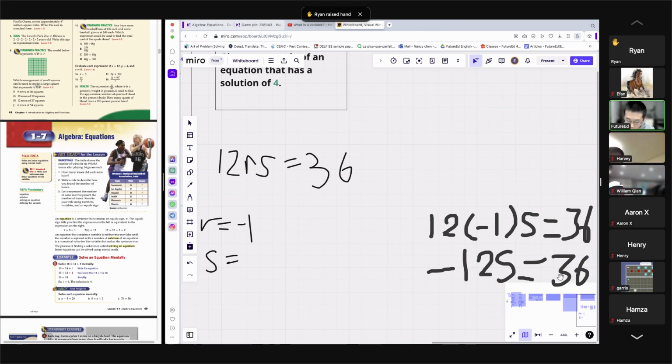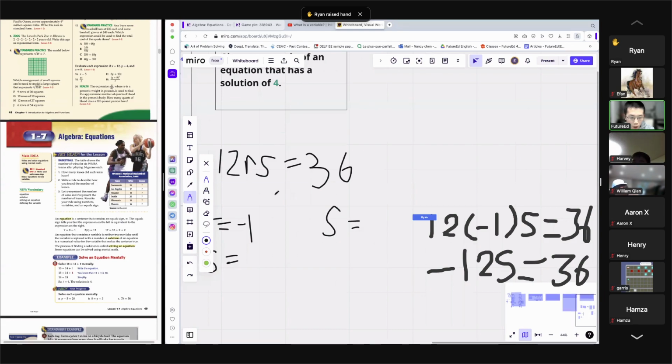Why do you divide 36 by -12? Because to get the value of s. If you only want s, you need to divide both sides by -12, right? The answer is -3 for s? Indeed -3. So s would be -3.